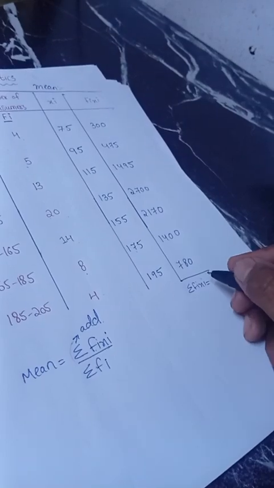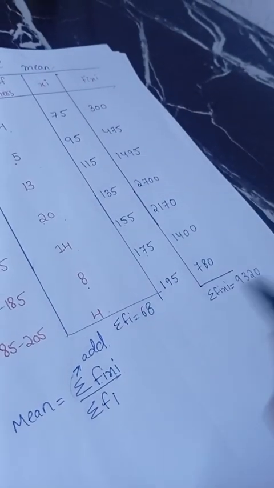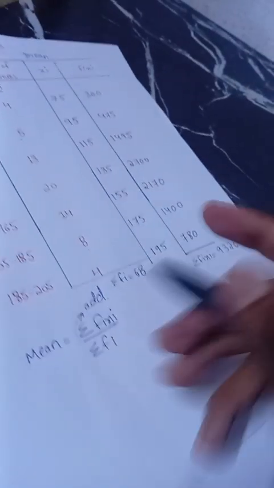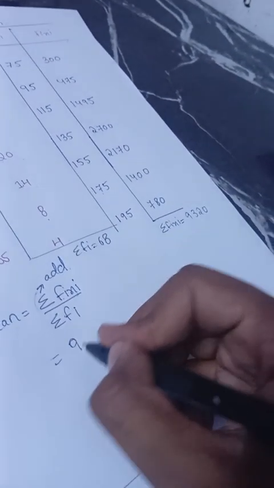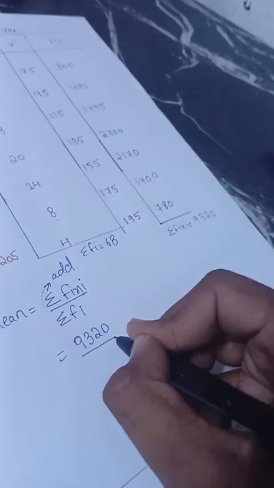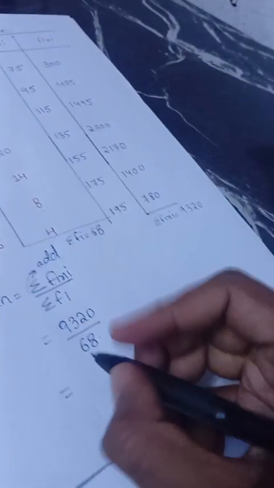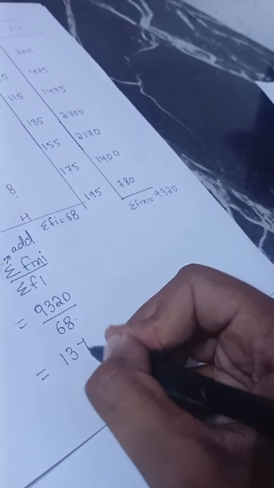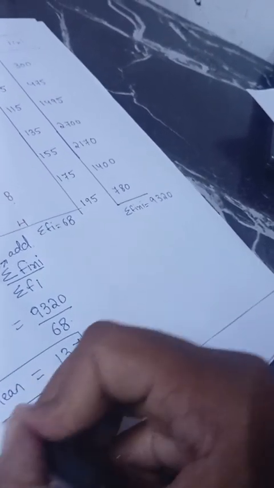If you add all of these, you will get sigma Fi Xi equal to 9320 and sigma Fi is equal to 68. So in the place of sigma Fi Xi you can write 9320 divided by 68. If you divide 9320 by 68, you will get 137. So your mean is equal to 137.